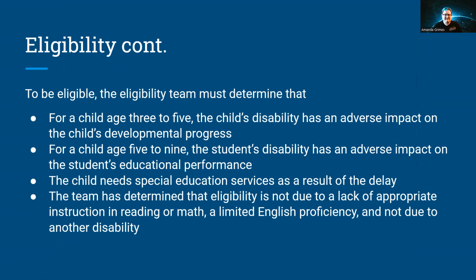As a result, the child needs special education services as a result of the delay is part of that eligibility, and that the team that is assessing the child thought to have a delay has determined that their eligibility is not due to a lack of proper instruction, language inefficiency or limited English proficiency, and not due to any other sort of disability.